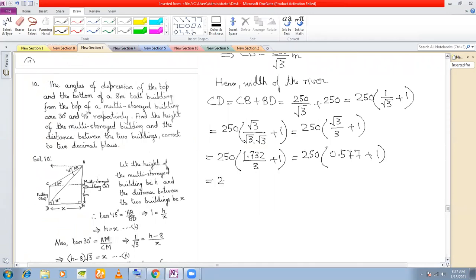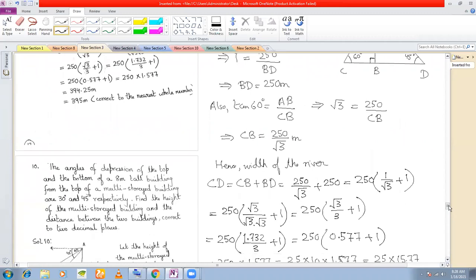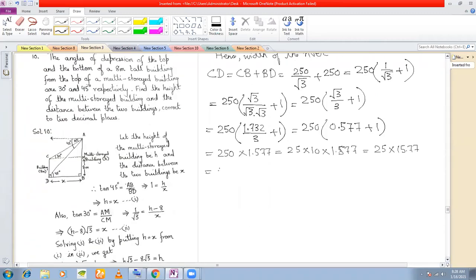So this is 250 into 1.577, and this is 25 into 10 into 1.577. So this is 25 into 15.77. And if you multiply these two, this should come to 394.25 meters, which is equal to 394 meters. So answer is 395 meter.